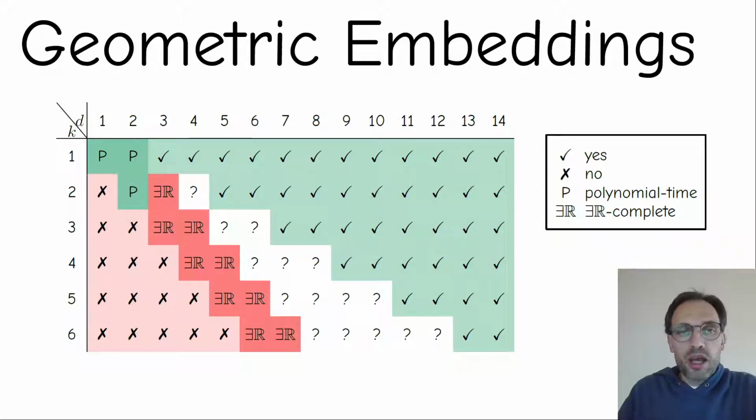The cases before, somewhat outside of this range here, was already known before. Yes, this is our result, and that gives some fundamental insight into how hard it is to embed something geometrically.